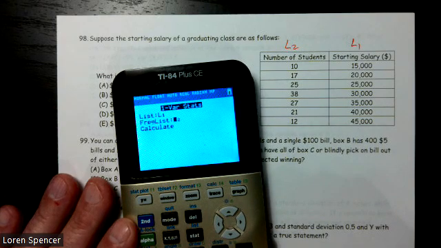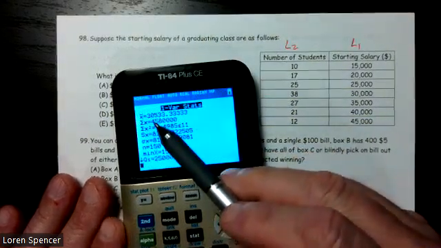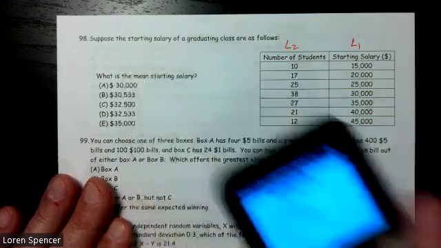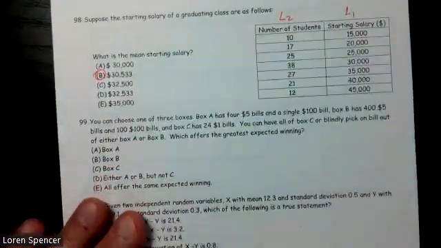Stat calc, one var stats, L1 and L2. And I get an X bar of $30,533. Best choice is B.